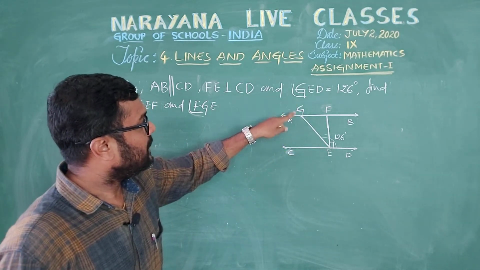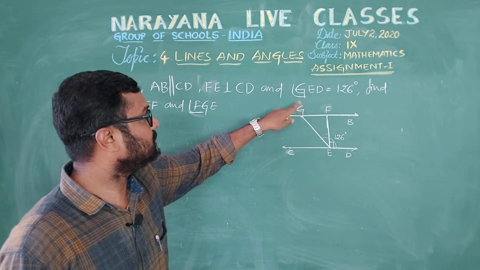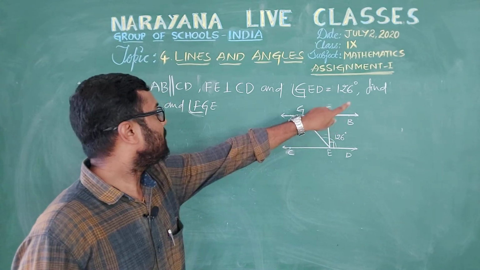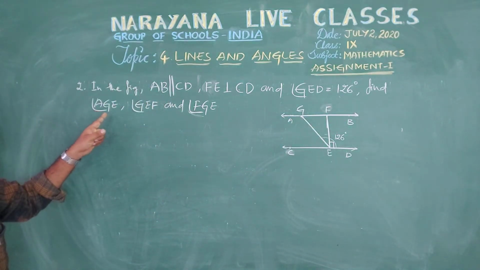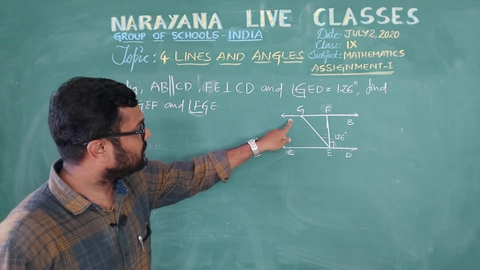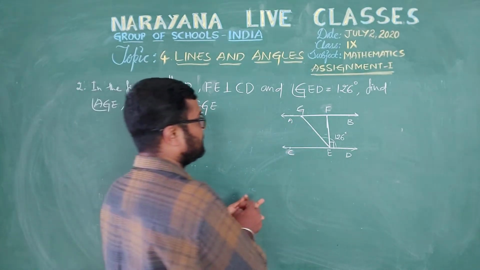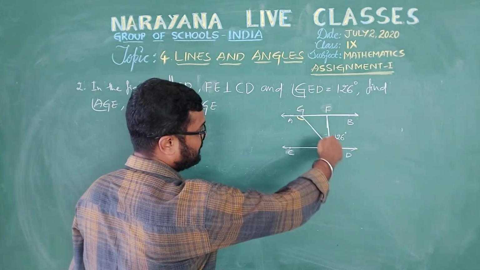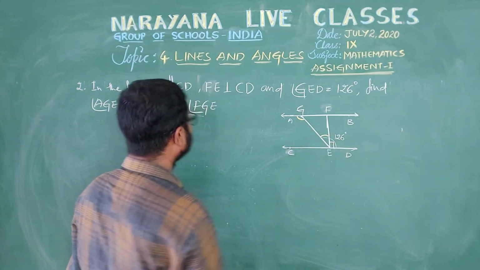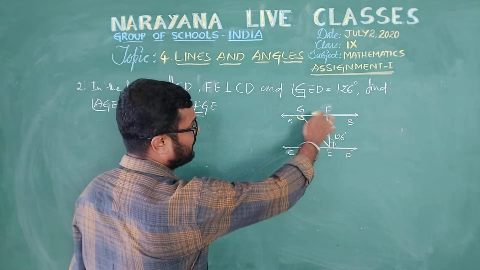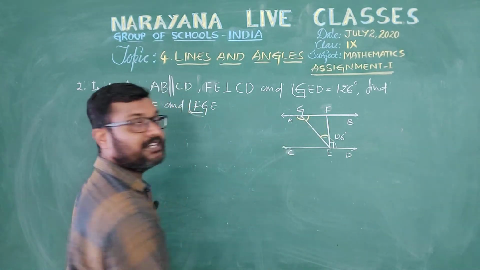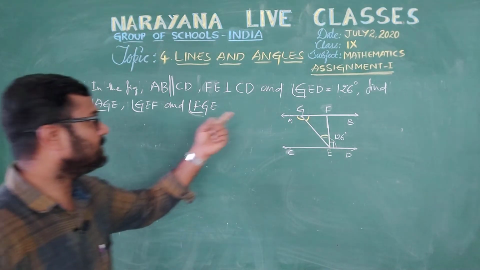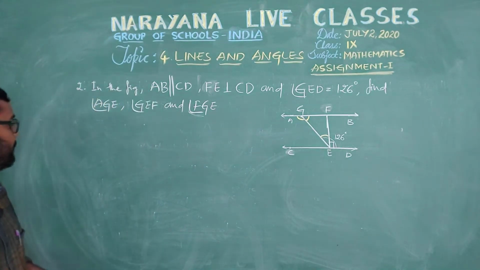In this, he has given one angle, that is angle GED, which is 126 degrees, and we need to find three angles: AGE, GEF, and FGE. So we have only one angle, angle GED. Let us see how we will find the others.